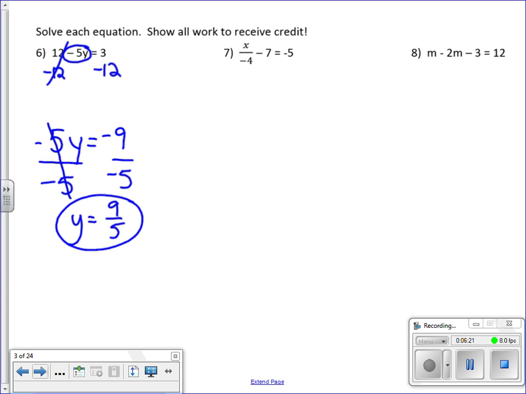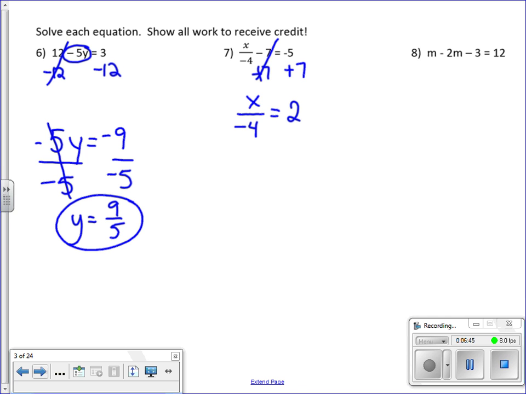Number 7, I need to get rid of the number that's alone first, and that's the side with the variable. So negative 7 is what I need to get rid of, which means I'm going to add 7 to both sides of my equation. This cancels out, and I get x over negative 4 is equal to 2, because negative 5 plus 7 is 2.